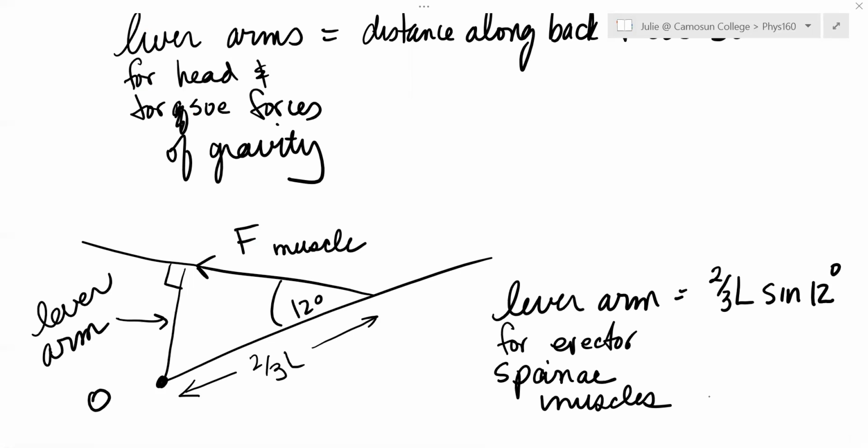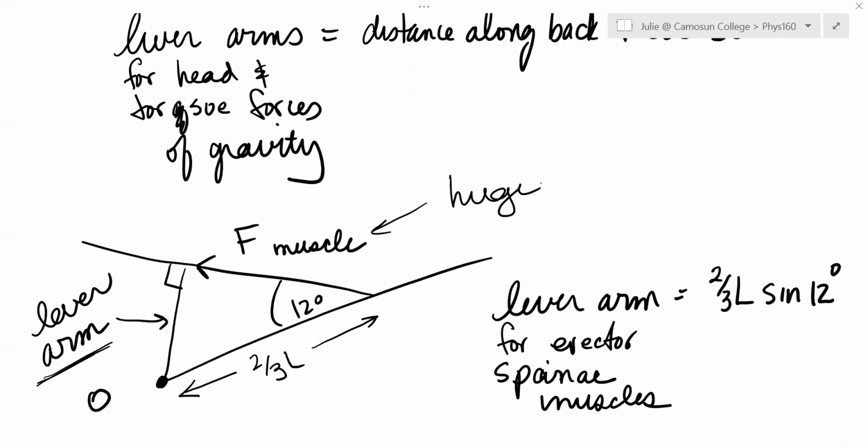And so you're trying to calculate the tension in this erector spinae muscle. Because it's at such a small angle relative to your back, this lever arm is really small, and it's really difficult for that muscle to exert a torque to hold up your torso. So this is going to be a huge force, huge compared to the weight of your head and torso itself.